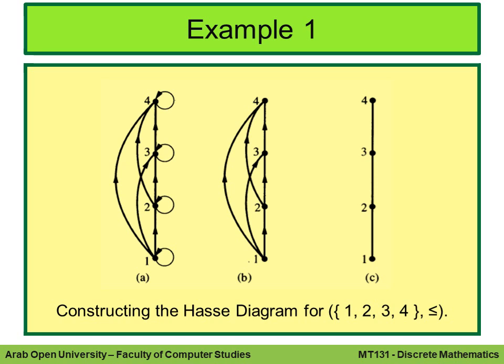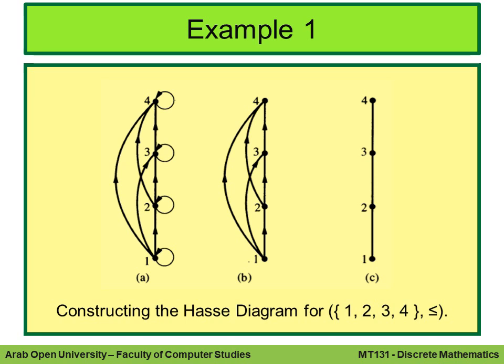There are many cases here where an edge is not necessary because this is a partial order, so it's transitive, so some other edges can be removed without loss of information. So we remove the edges that are not needed due to the property of transitivity.